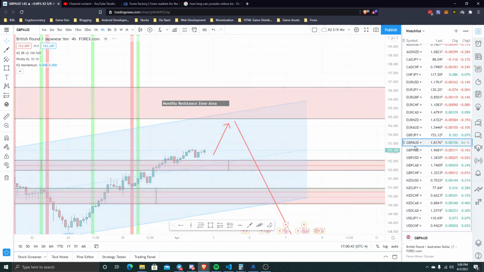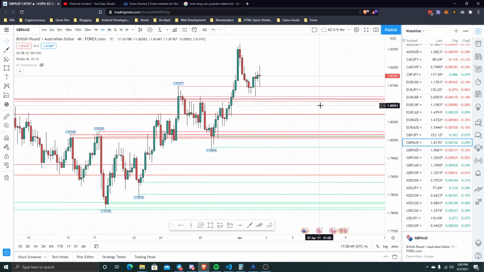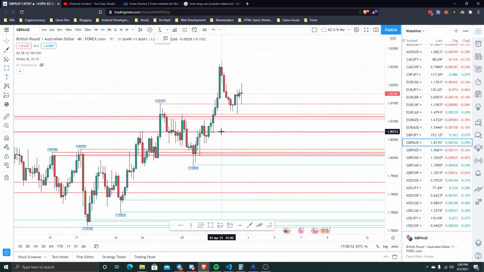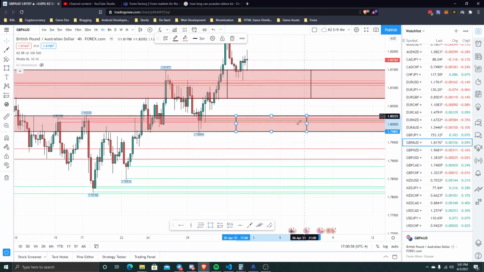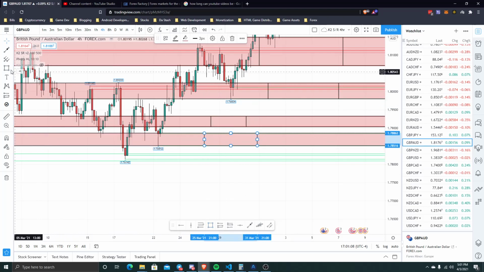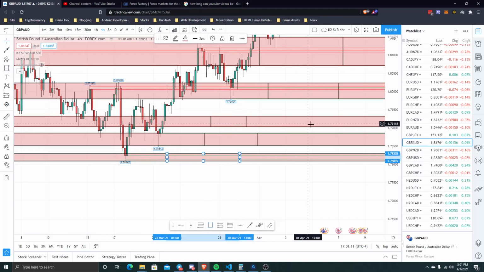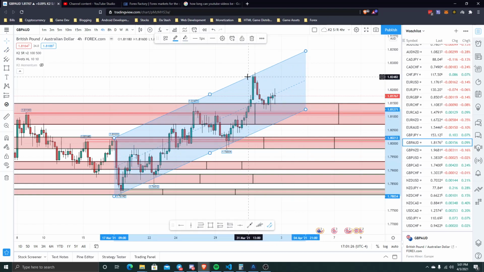All right, so GBP AUD. GBP JPY, GBP AUD has been going in this uptrend for quite a little bit since last month.